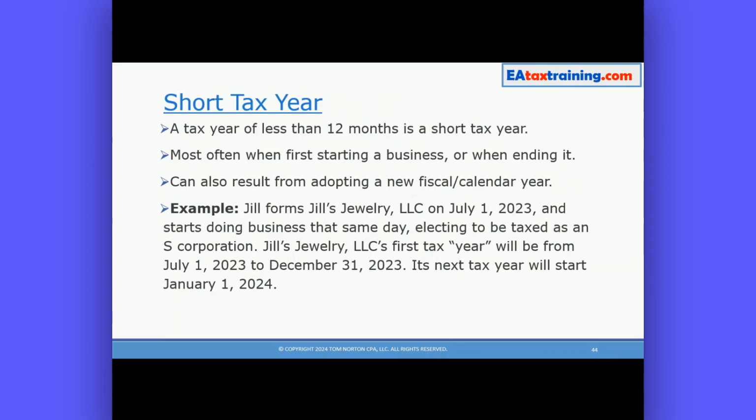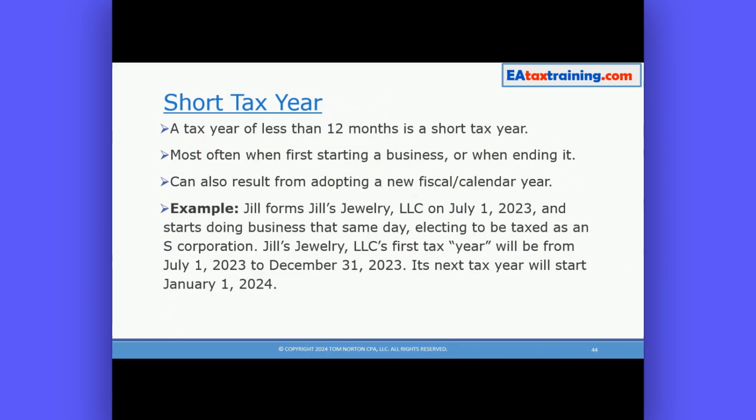A short tax year: if you have a tax year that is less than 12 months, it is considered a short tax year. This most often happens when you are starting a business or when you are ending the business, though it could also happen from adopting a new fiscal or calendar year. So, for example, Jill forms Jill's Jewelry LLC on July 1st of 2023 and starts doing business that same day and elected to be taxed as an S corporation.